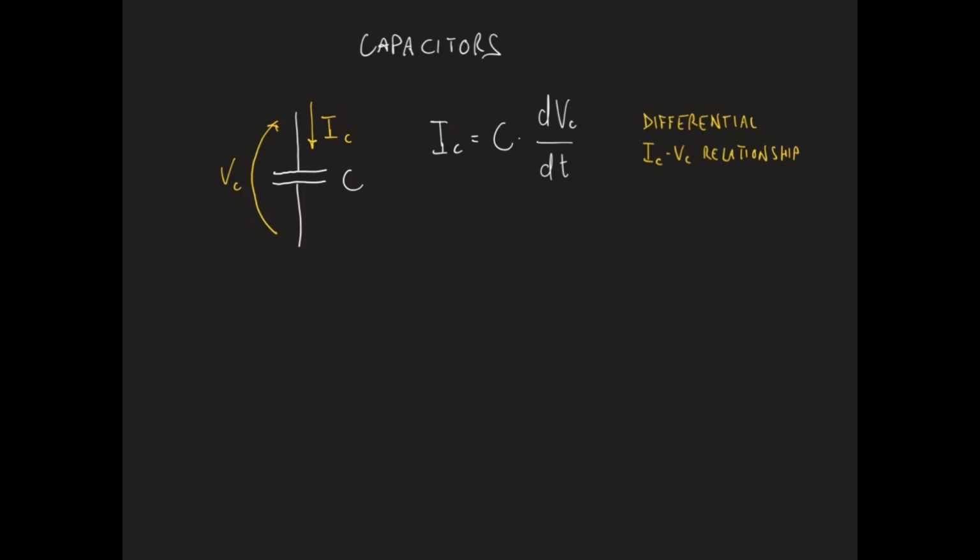In particular, starting from the above equation, we can write that C dVc is equal to IC in t dt.